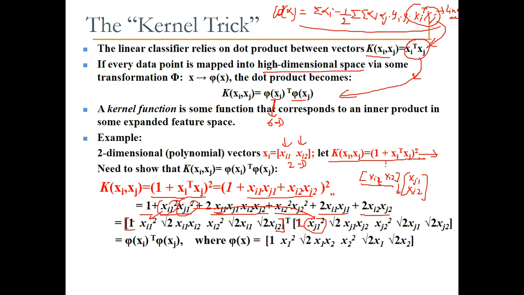Similarly, all the i parts we shall keep here. 2 again will be split into two parts, root 2 into root 2, so one root 2 will come in this vector and one root 2 will go in the other vector. So every term is split into two parts. Now you can say that this is phi xi transpose and this is phi xj.